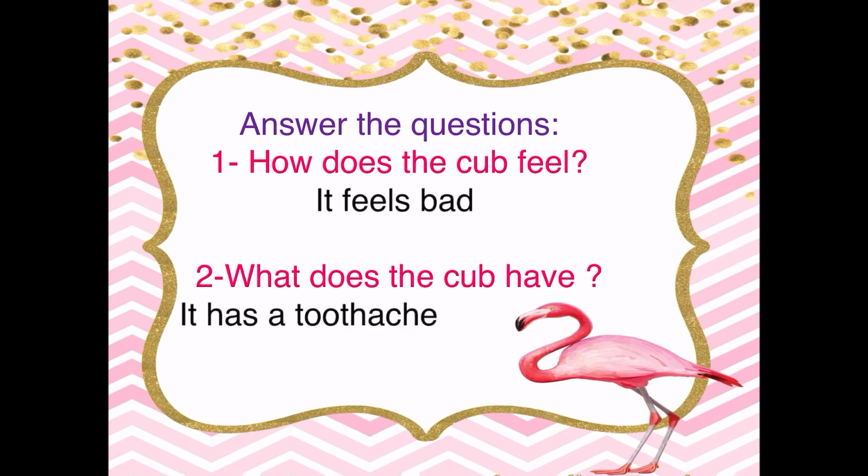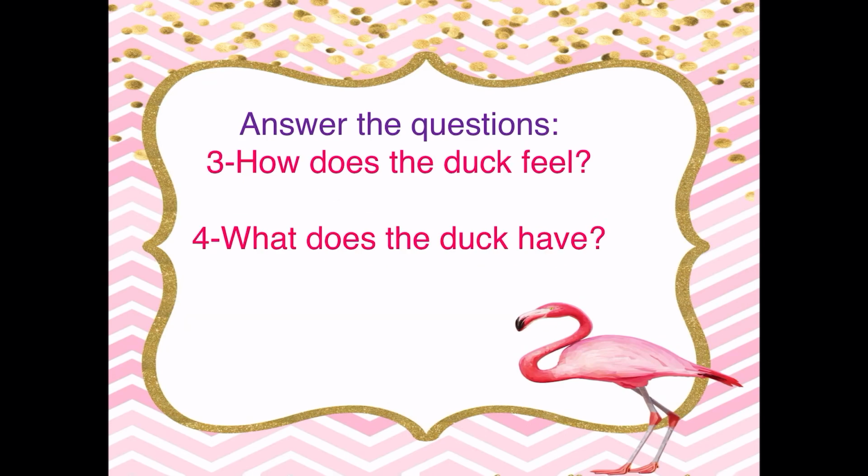Number 2, how does the duck feel? It feels awful, as we have in our book. What does the duck have? It has a headache. Again, how does the duck feel? It feels awful. What does the duck have? It has a headache.